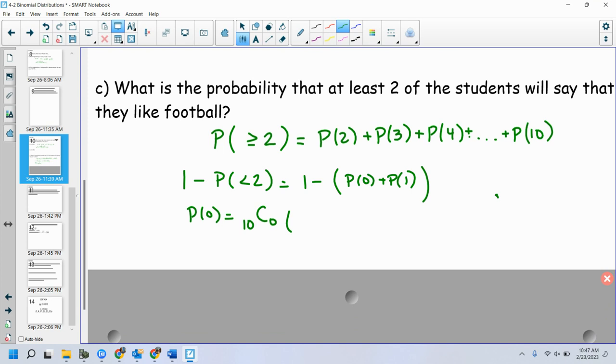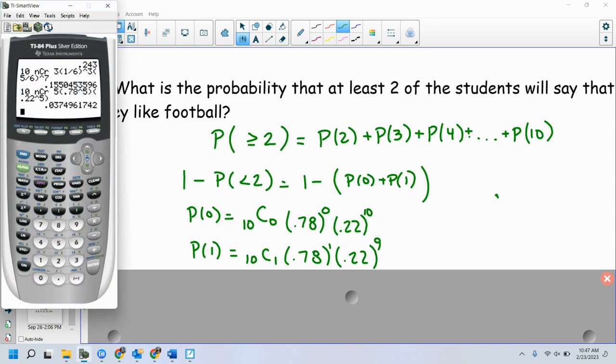Yeah, 0.78 raised to the 0, 0.22 raised to the 10th. And then I want to do that exact same calculation for P of 1. 10C1, 0.78 to the first, 0.22 to the 9th. Okay. Let's calculate both of those.